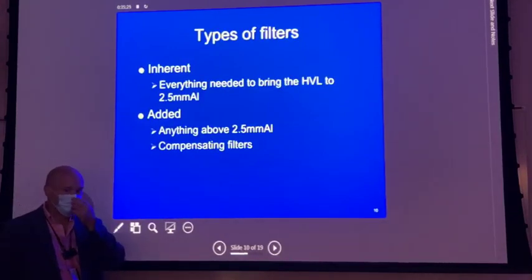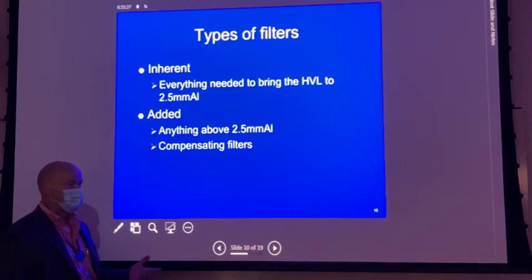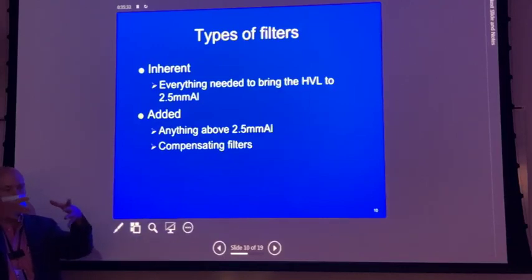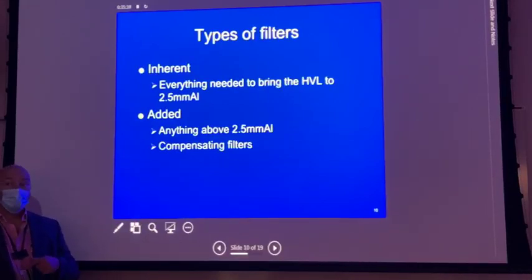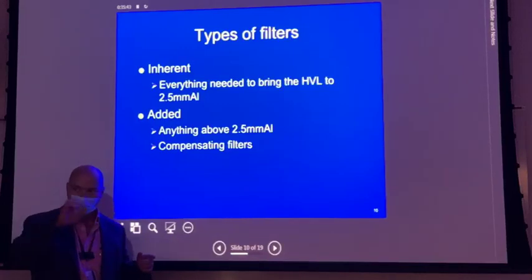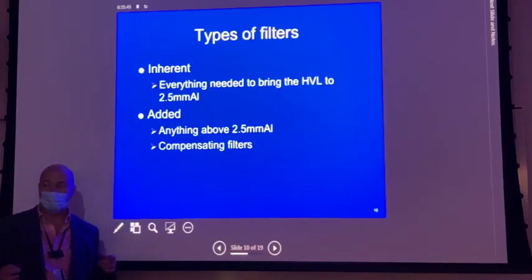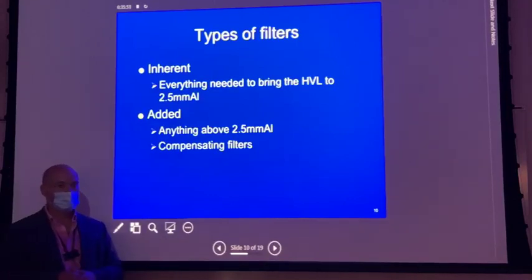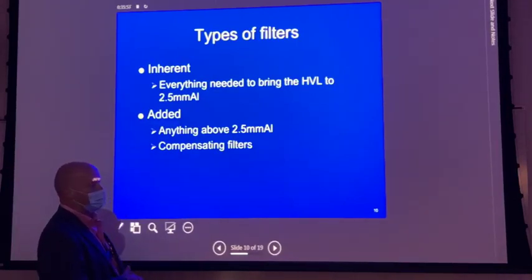In some of your older tubes, if you ever work with some of your older Phillips tubes, you'll see this little dial sticking out of the collimator housing where you can adjust your filtration. Some of the really old ones, and you're probably never going to see one of those, actually have copper filtration inside that dial too. Back in the day when diagnostic tubes were used for mammography, they had to have all different types of filters, and you just don't see that anymore.